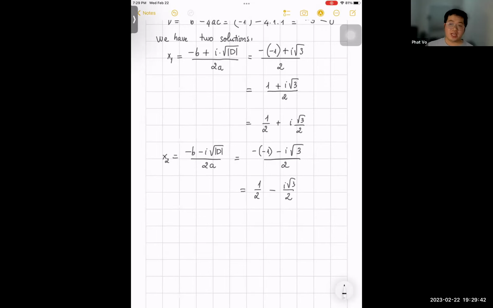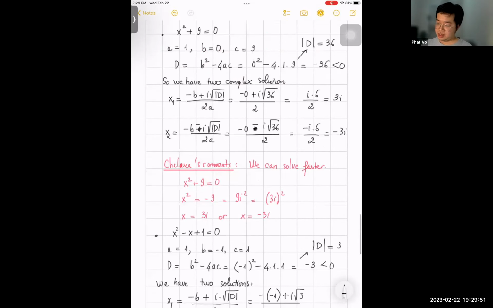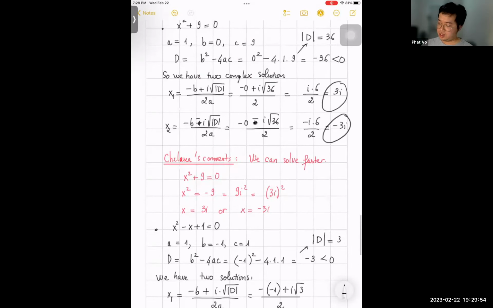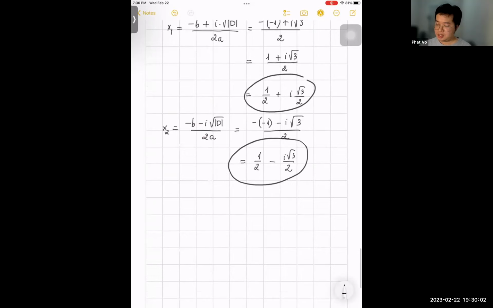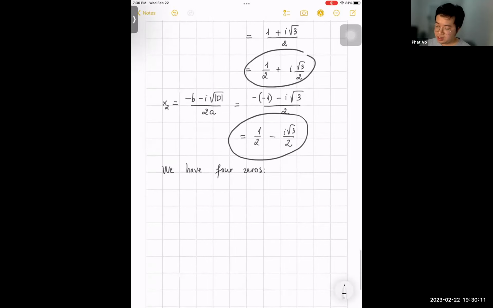So now we have in total 4 complex solutions in this example. We need to combine the solutions from here and here. So we have 4 solutions in these equations, and we conclude that we have 4 zeros: 3i, -3i, 1/2 plus i square root 3 over 2, and 1/2 minus i square root 3 over 2.